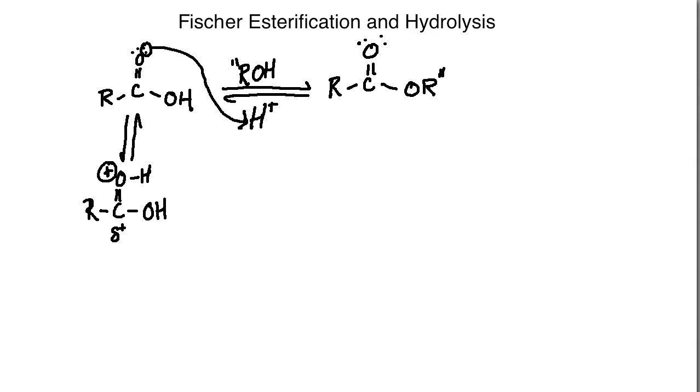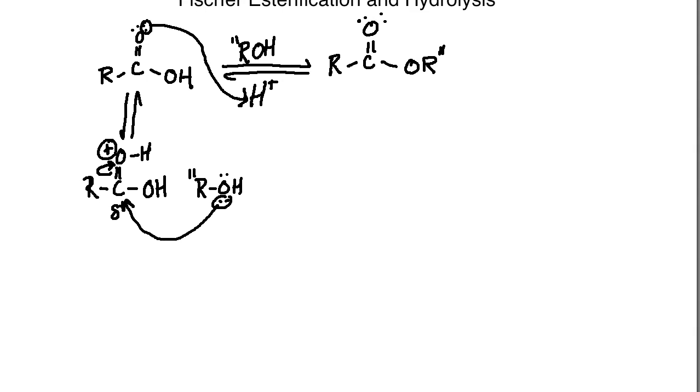We are now going to very readily accept whatever our alcohol is. Okay, so the alcohol functionality is now going to perform a nucleophilic attack on this carbonyl here that's got the partial positive. And the pi electrons are going to go up to the oxygen in order to satisfy that formal charge. Okay, so the new formal charge is really going to be brought to the alcohol that is coming because it's bringing its proton along with it.